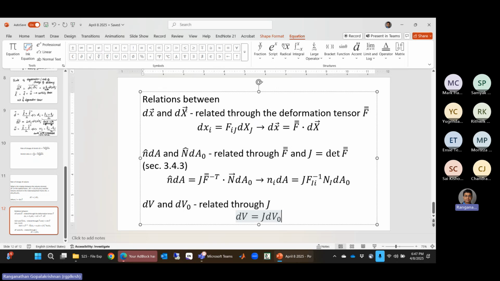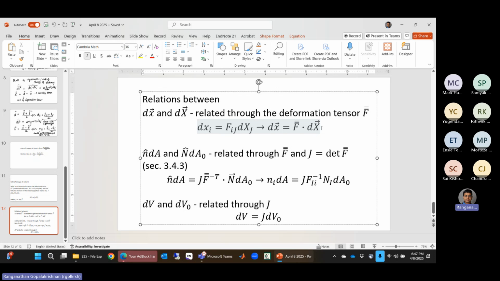The deformation tensor helps you calculate that. So in the first equation here, if you know the dx material and the deformation tensor, you can obviously calculate the dx spatial. Or if you know dx spatial and the deformation tensor, you can calculate the dx material. Or if you know both spatial x and material x and their derivatives, you can compute F from that. In the second equation, once you know F and you can calculate the determinant of F, you can then use this relation to calculate what happens to an element.